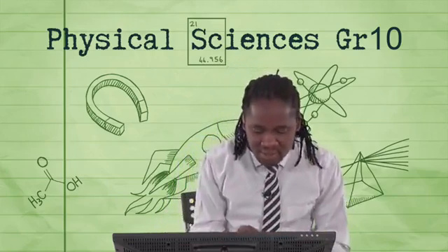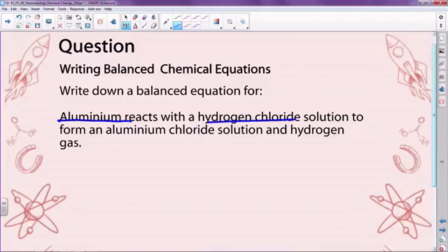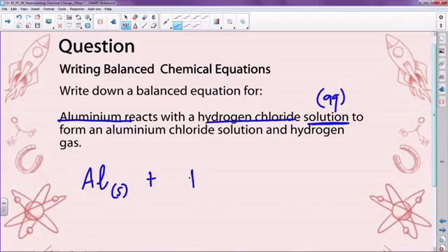We know that aluminium exists as a solid, so it will be aluminium solid plus hydrogen chloride, but this is a solution. If it's a solution, we know it's aq, which is aqueous. So HCl aqueous. Sometimes we refer to this solution as hydrochloric acid. So this is a metal which reacts with an acid to form a solution of aluminium chloride.